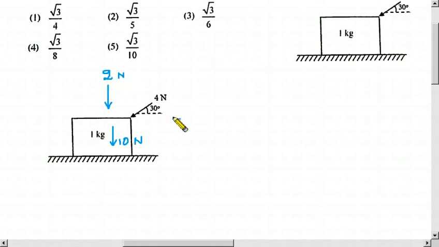So the horizontal component is 4 times cos 30. Cos 30 you know, root 3 divided by 2, then 2 times root 3.